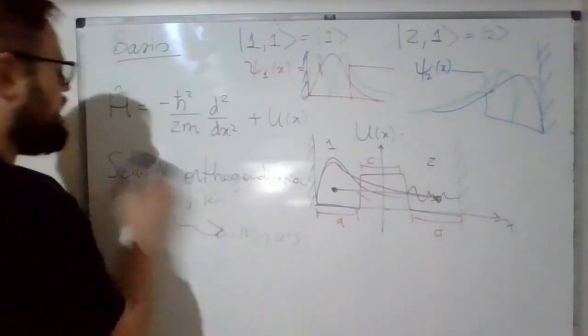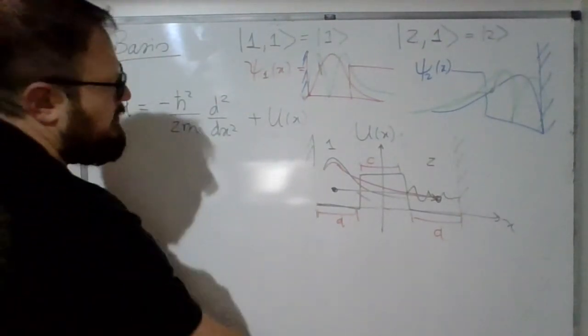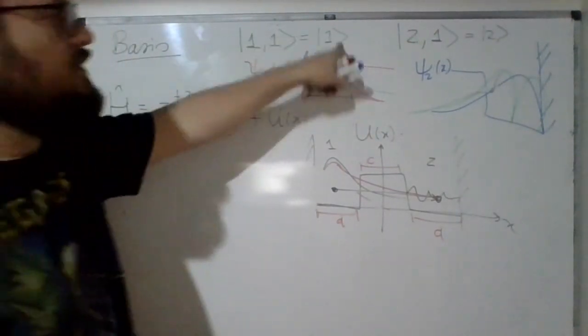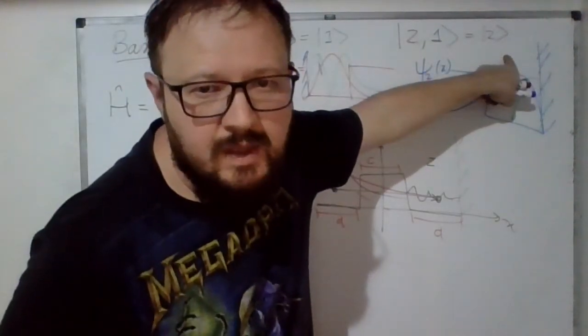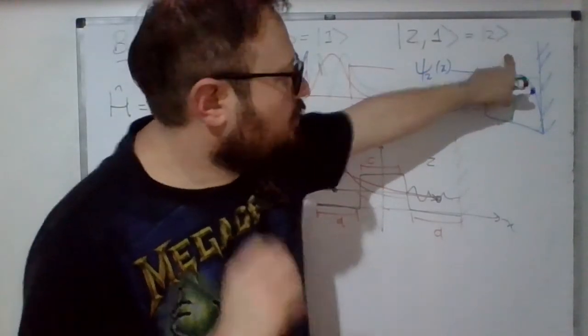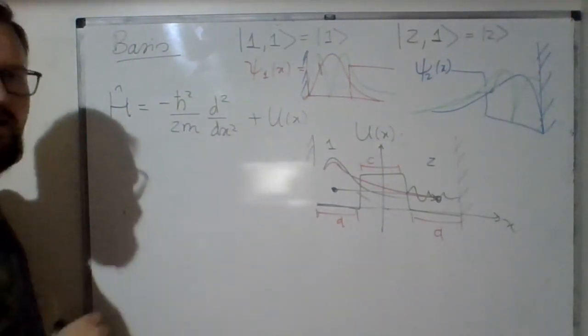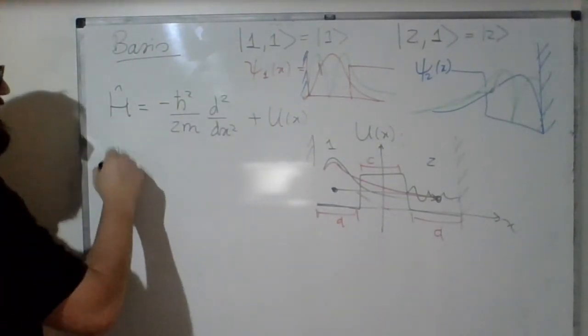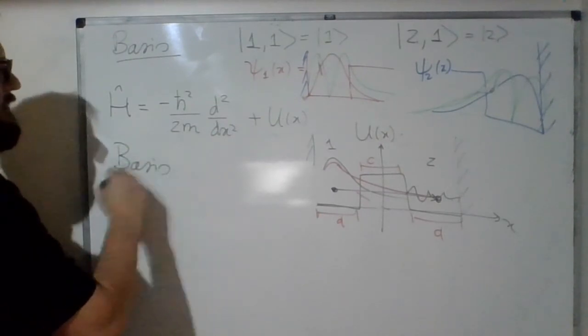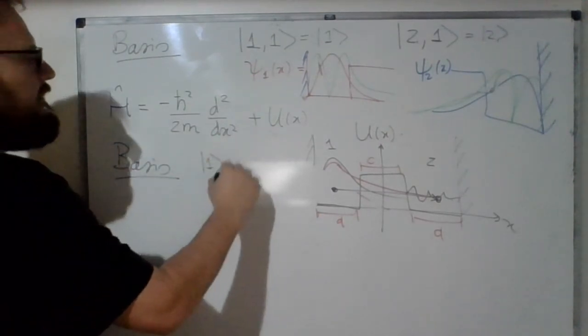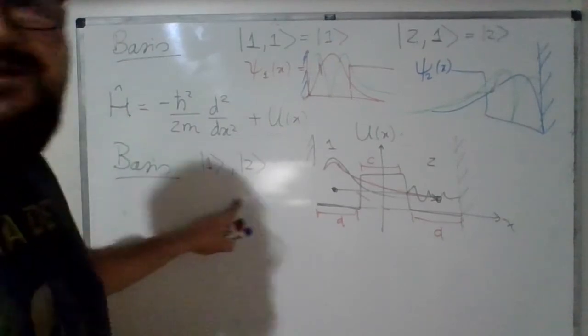Suppose the functions 1 and 2 are orthogonal. So they form a complete basis, all right? So basis 1 and 2. This is a two-level problem.